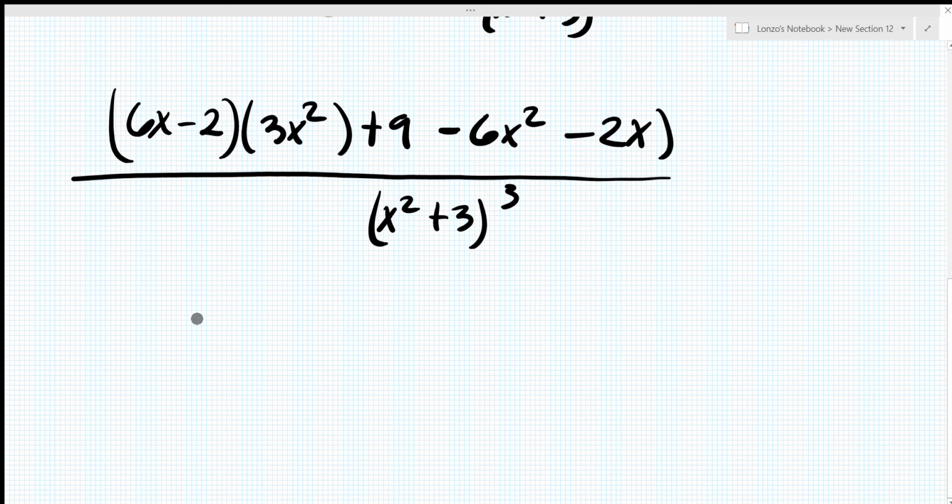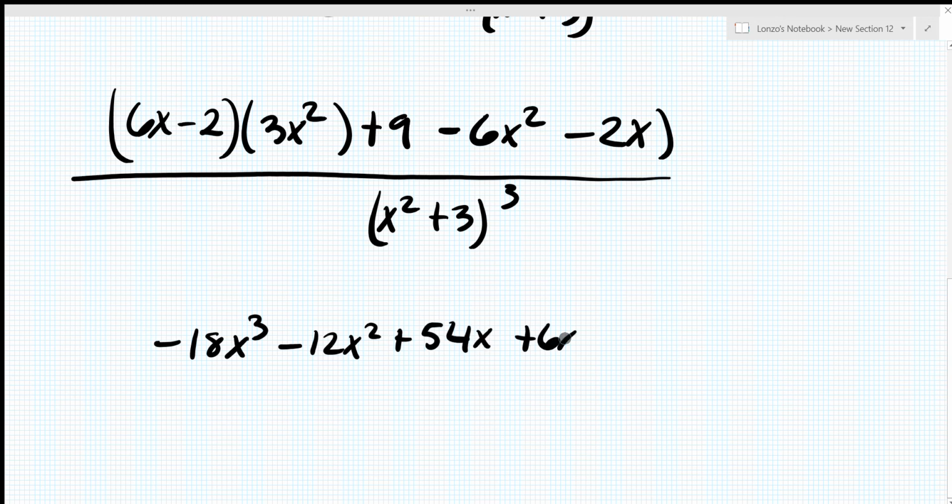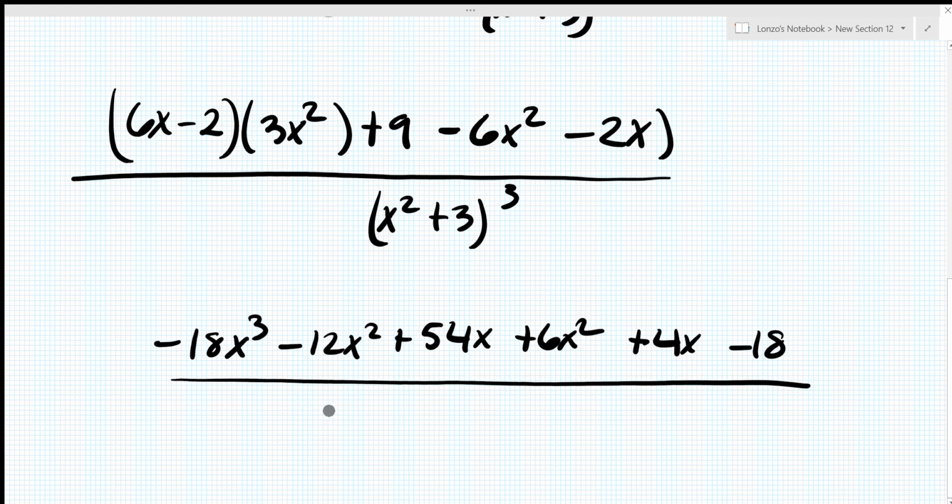When you multiply it out, on the numerator you're going to get negative x cubed minus 12x squared plus 54x plus 6x squared plus 4x minus 18, all over (x squared plus 3) raised to the third power.